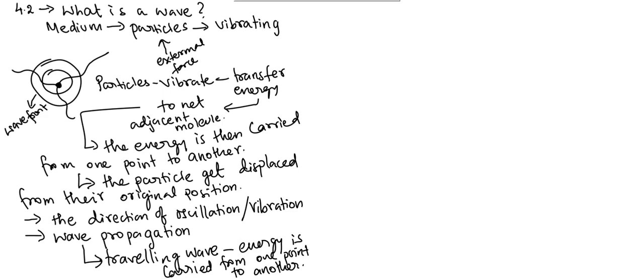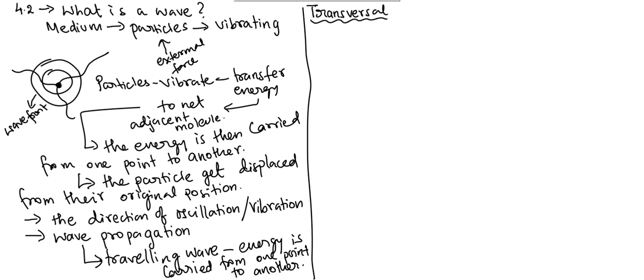Now let's proceed to the next part. What are the two types of waves that we would like to know? The first one is called transversal, and the second one is called longitudinal. So let us start first with transversal.